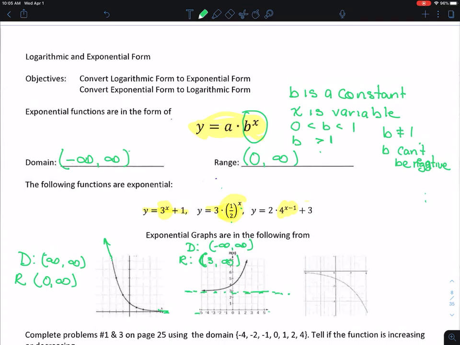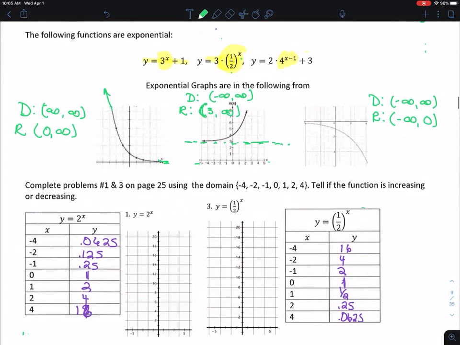This is an exponential function that is reflected over the x-axis, but nonetheless, its domain is still negative infinity to infinity, and its range is now from negative infinity to 0. So notice the range changes, but the domain remains the same in all exponential functions.